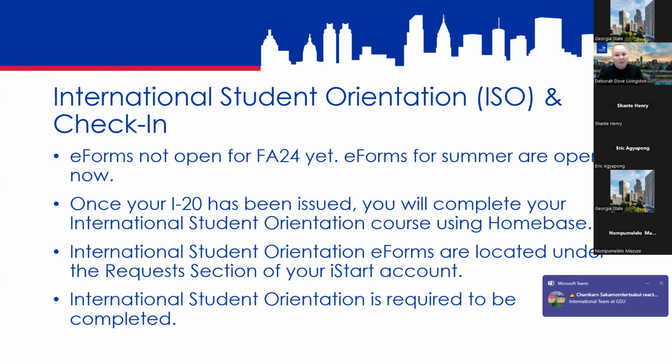You will be able to complete your ISO e-forms even if your I-20 is not issued yet, but you should not complete the ISO e-form before you receive an email notification from iStart to do so. This email communication usually comes after your I-20 is issued, but for a transfer student, it is sent after approval of your admission e-forms. Next slide.